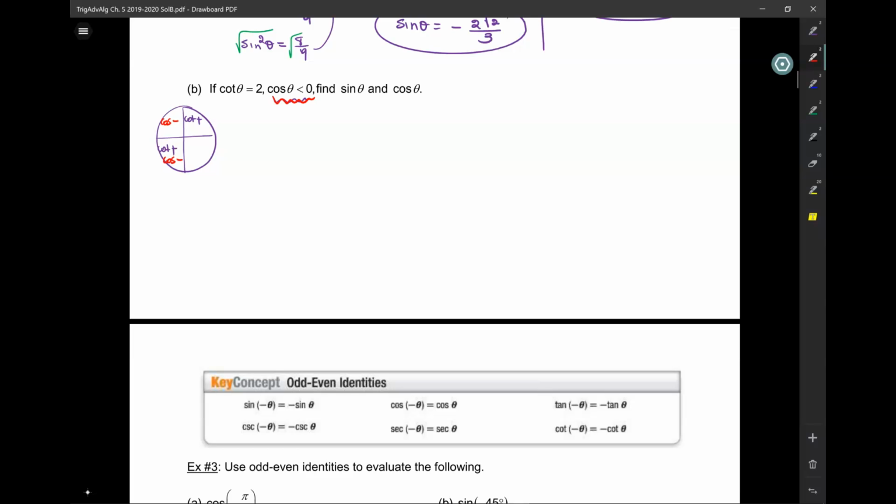Again, you're always going to have one quadrant where you have two things show up. And that's where the angle shows up. So my angle is in quadrant 3.